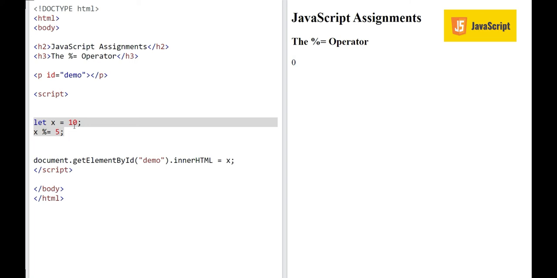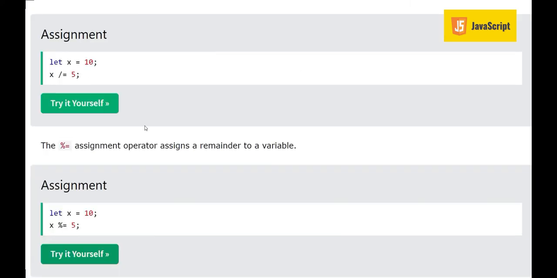We know that when we divide 10 by 5, there is no remainder, so the answer should be 0. Okay, right. So let's try this with 8. Let's see what happens. See here, when we divide 10 by 8, the remainder is 2, so we have 2 here.